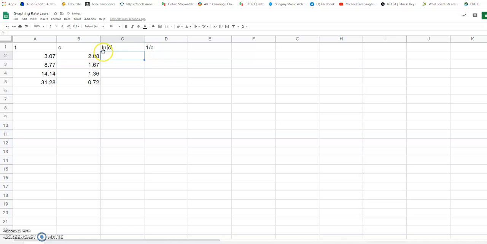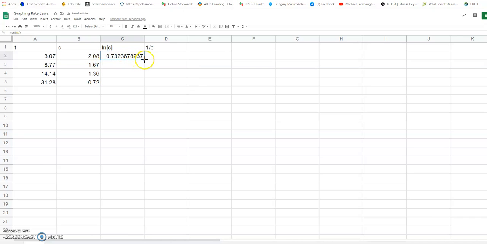So once I've got these columns, I'm going to let Google Sheets calculate all my natural logs. So remember, we're going to tell Google Sheets to make an equation by typing equals. I'm going to say take the log, there it is right there, there's my parenthesis, of this cell, close parentheses, enter.